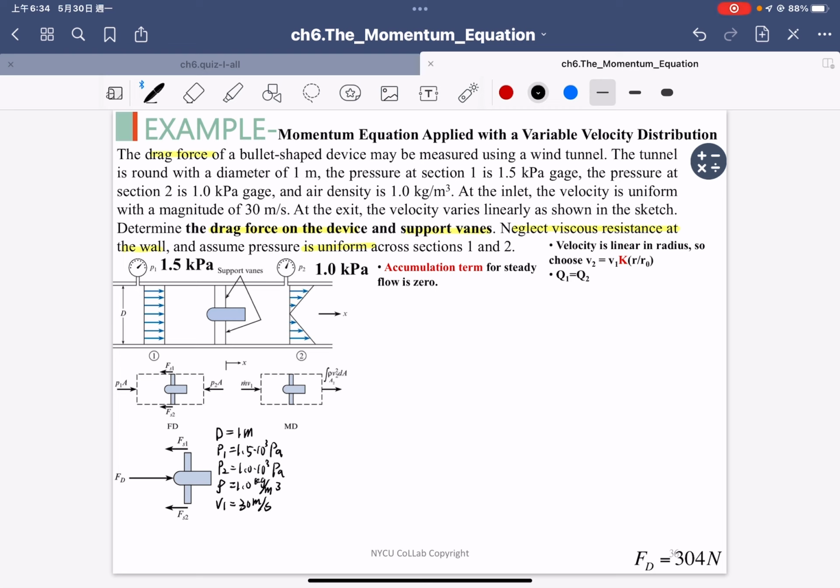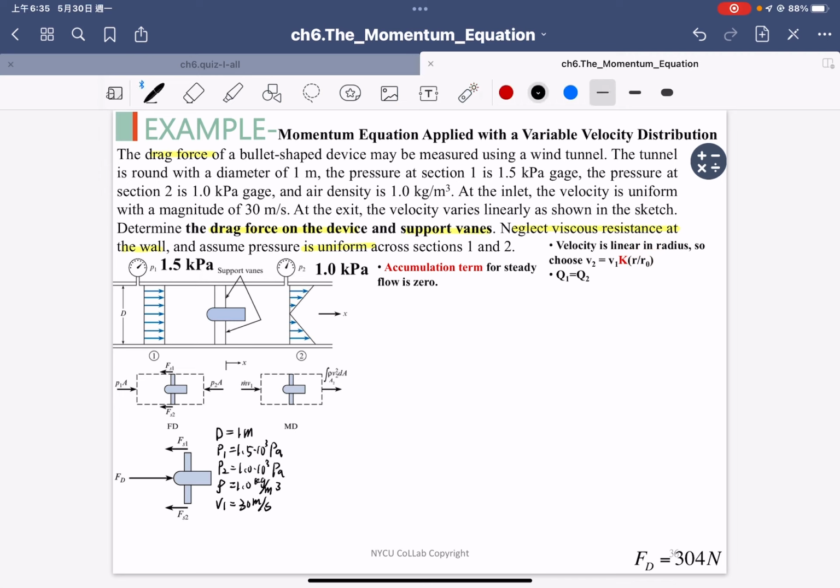First, we need to deal with the problem using the momentum equation, considering the non-uniform flow and using the integration operator. On the right-hand side, we assume the velocity function V2 can be represented by V1 multiplied by a parameter k and by the radial ratio.